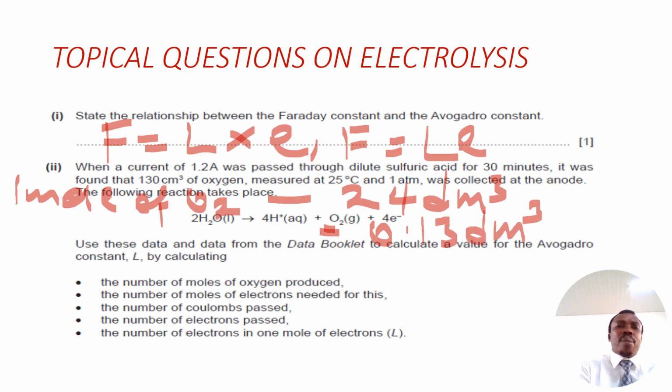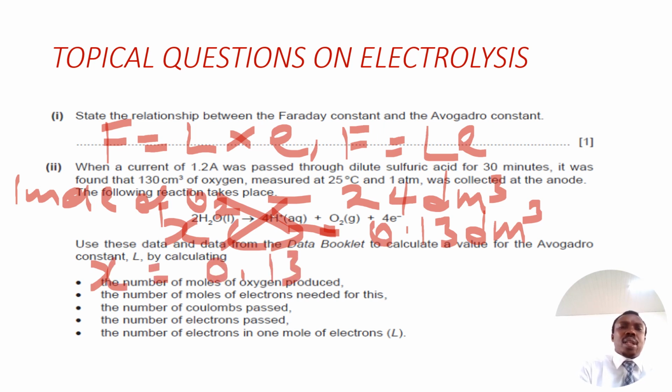So we now see, if 24 dm3 gives you 1 mole of oxygen, 0.13 dm3 will give you what moles of oxygen? So you cross multiply. When you cross multiply, x will be equal to 0.13 times 1 divided by 24 dm3.